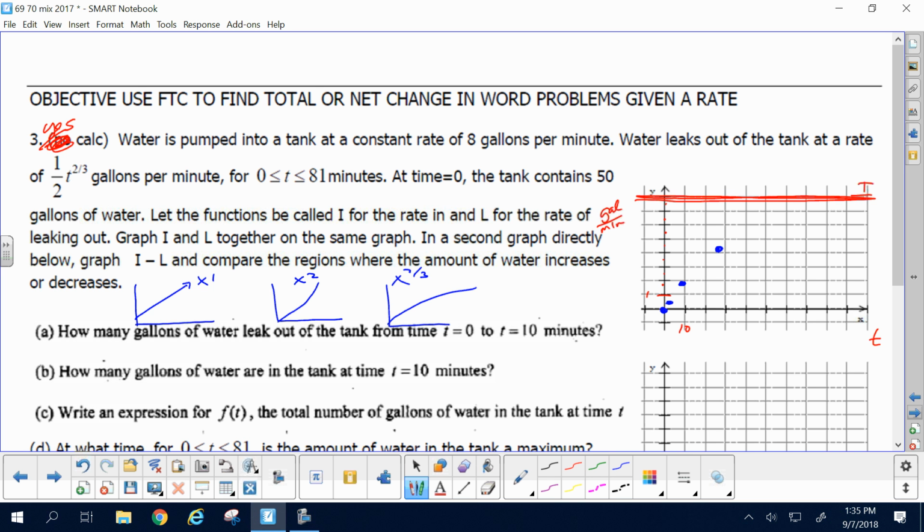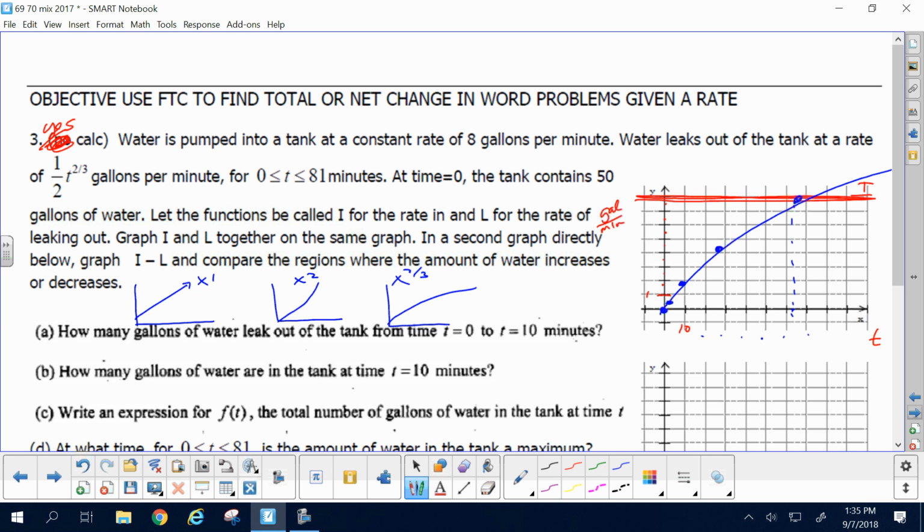Ish. Okay. What's the next good cube root? 64. At 64, what do we get? 8, yes. The next good cube root is 125. All right, you with me?